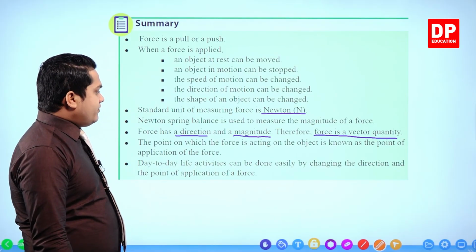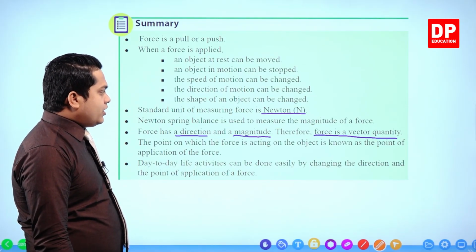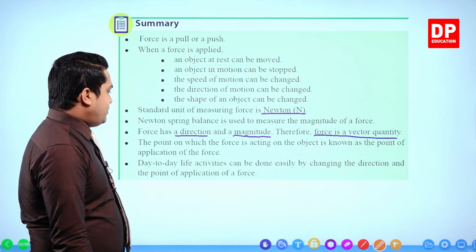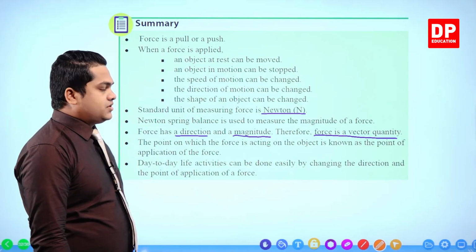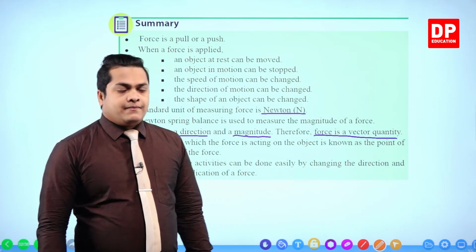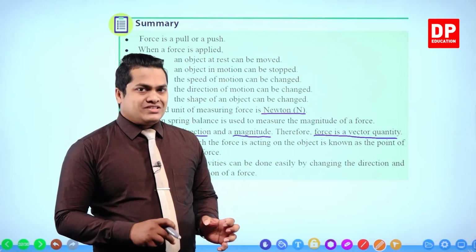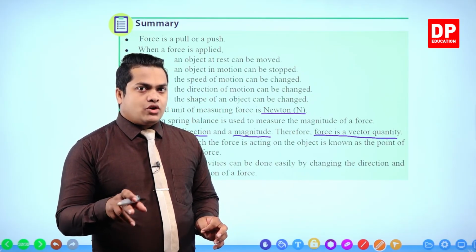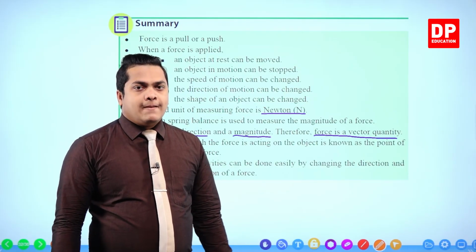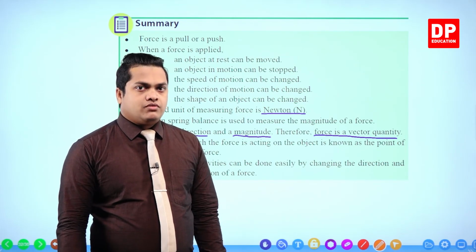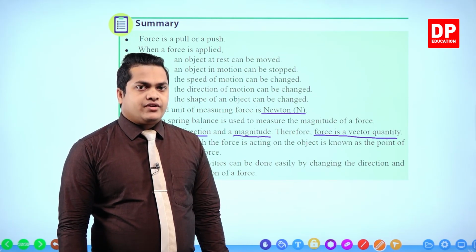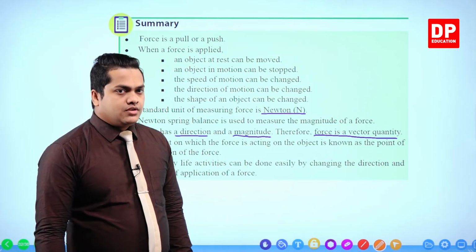The point on which the force is acting on the object is known as the point of application of the force. So it's simple. The point where the force is applied on a certain object is referred to as the point of application of the force.